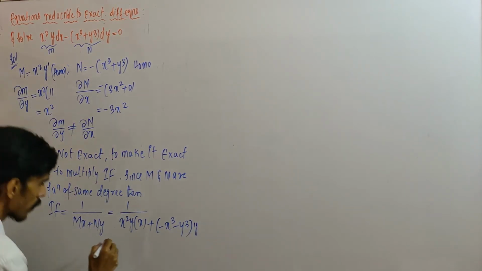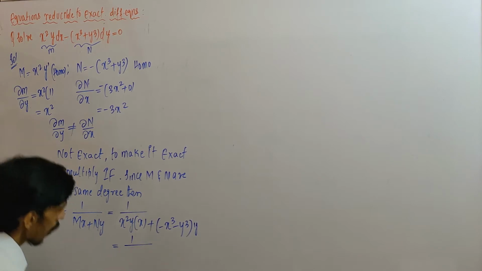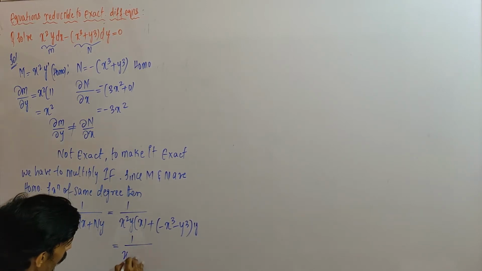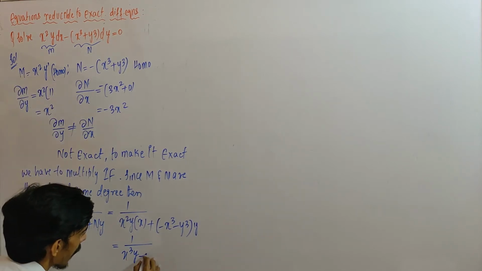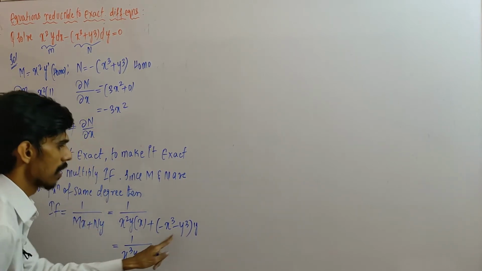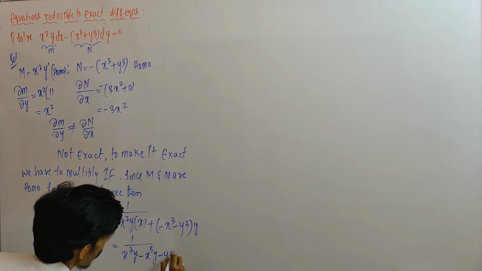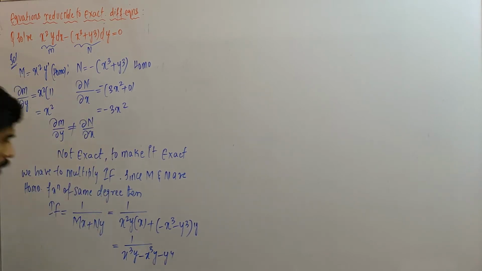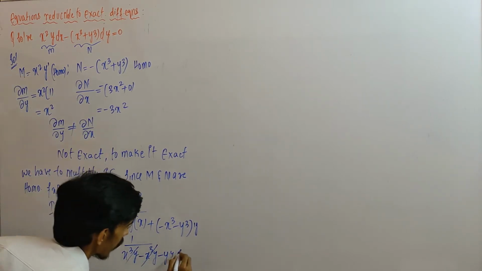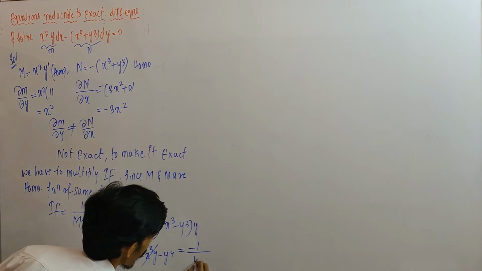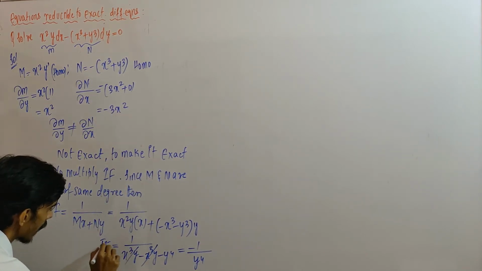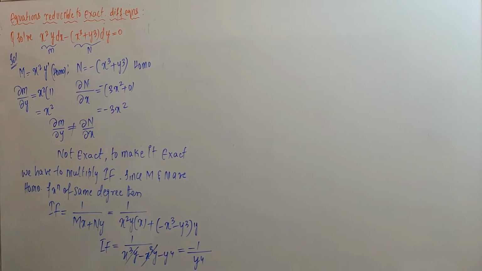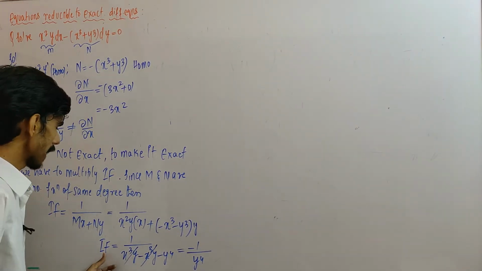So here this will become 1 by x cube y, multiplied here, we'll get minus x cube y minus y power of 4. So these two terms will get cancelled. Here we have minus 1 by y power of 4. This is the value of the integrating factor. Now we got the integrating factor.